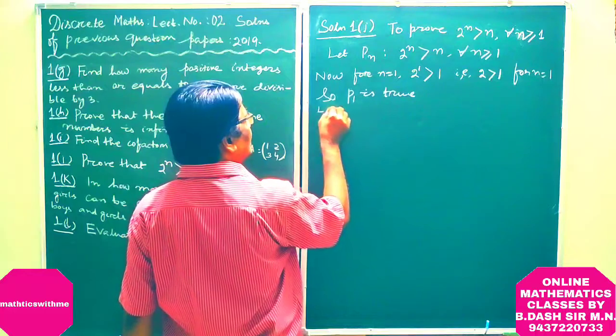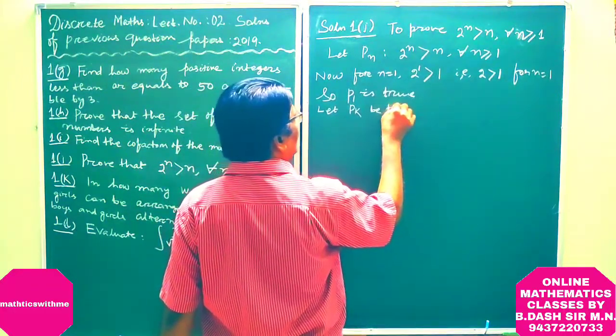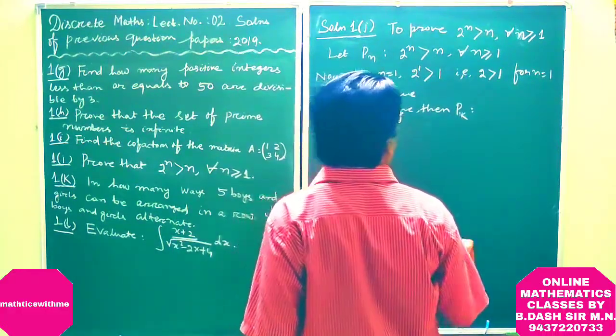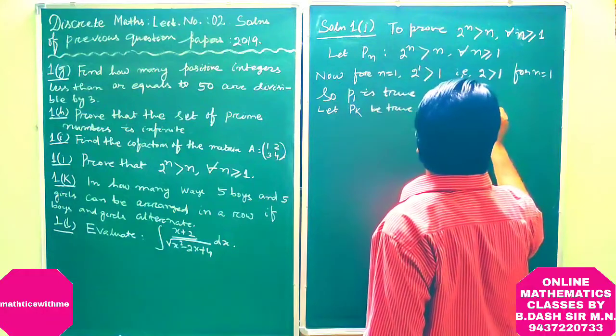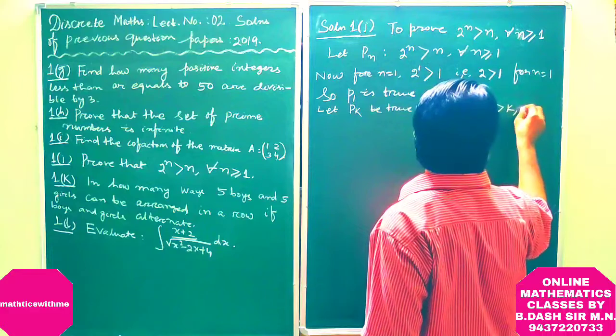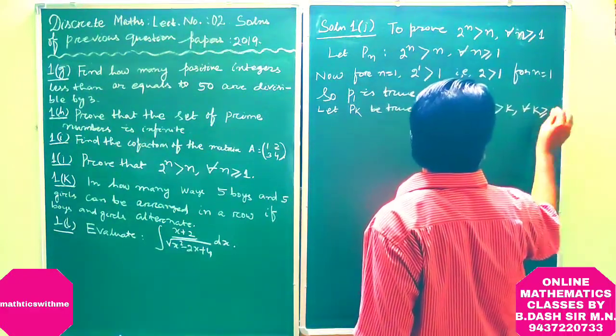Let Pk be true. Then Pk stands for 2 to the power k greater than k for all k greater than or equal to 1.